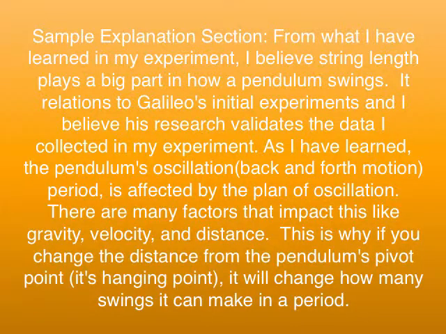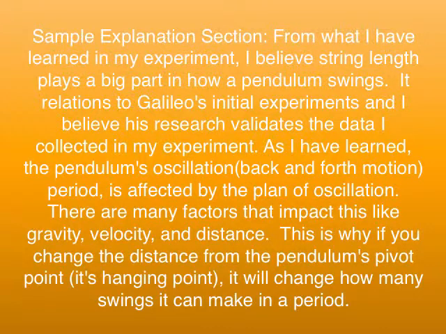So let's take a look at this explanation section. I want you to review and think about whether this is a good explanation section and what qualities or characteristics are important in an explanation section. So we have here: From what I have learned in my experiment, I believe that the string length plays a big part in how a pendulum swings. It relates to Galileo's initial experiments, and I believe his research validates the data I collected in my experiment.